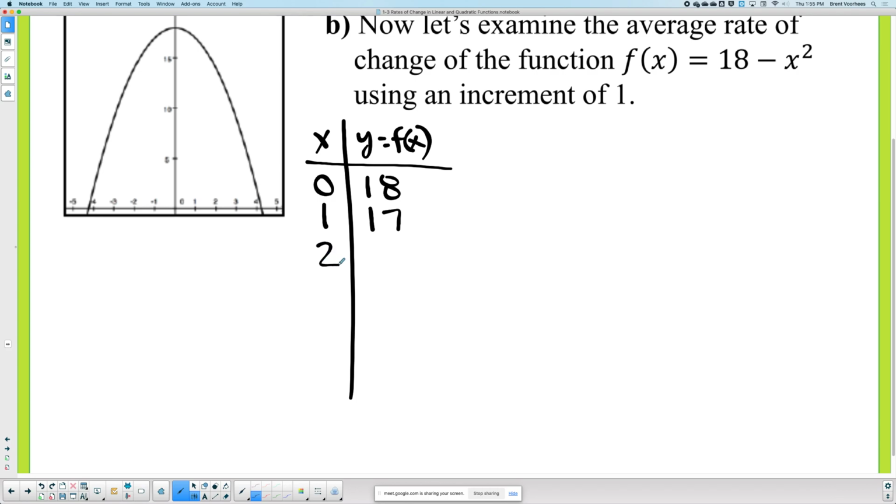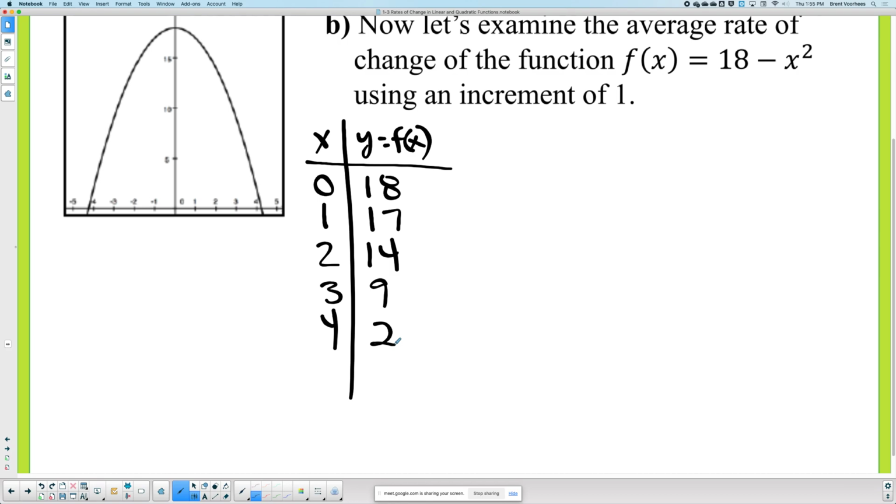Now we're going to go to 2. 2 squared is 4. 18 minus 4 is 14. Again, you could just type this in the calculator and go to table if you wanted to. Control T. 3 squared is how much? 9. 18 minus 9 is 9. 4 squared. 16. 18 minus 16 is 2.